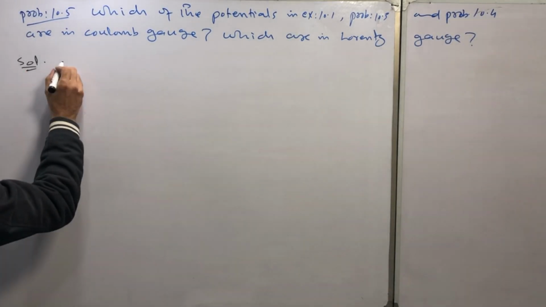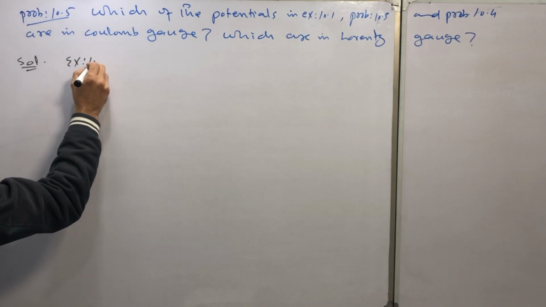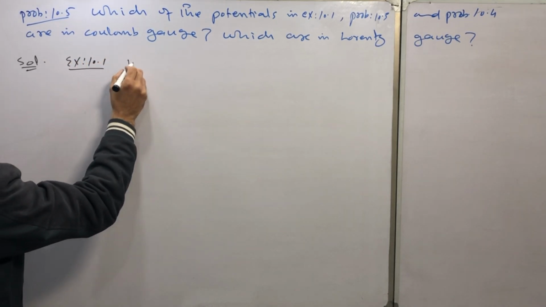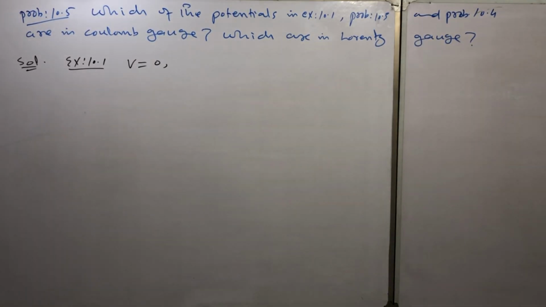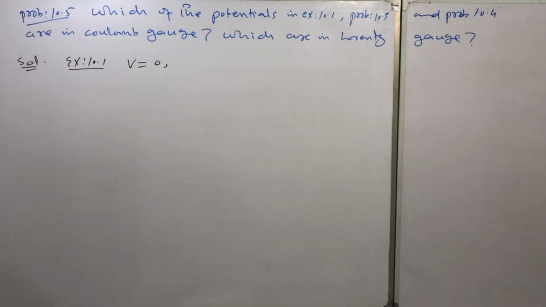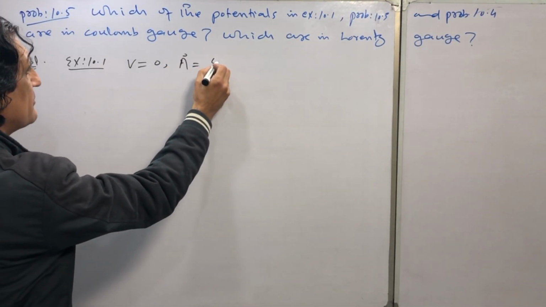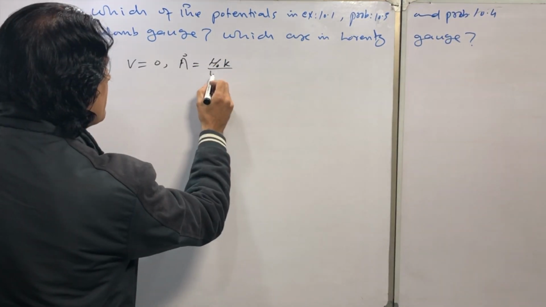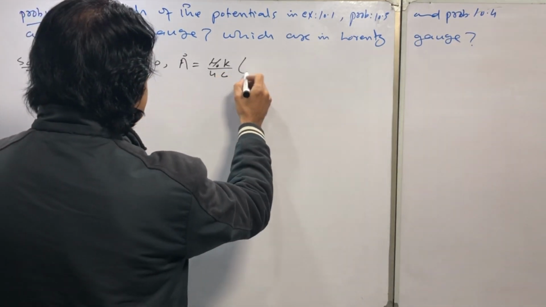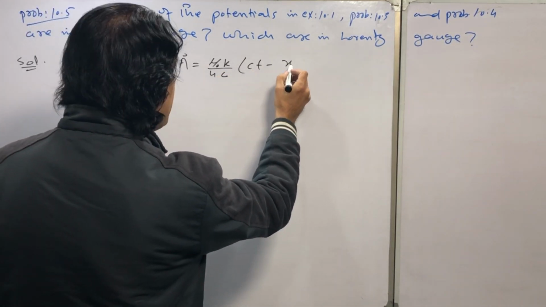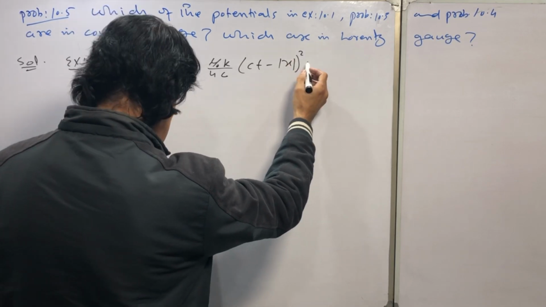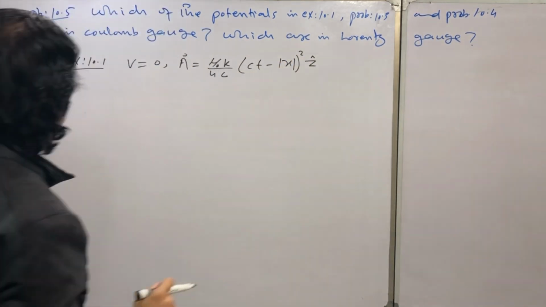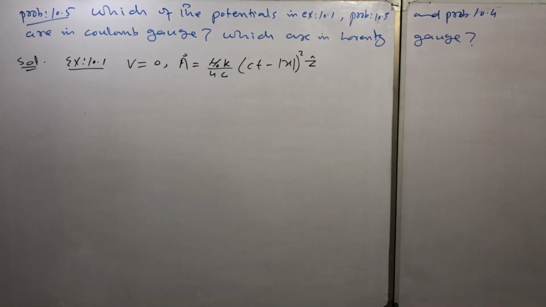Remember that in example 10.1 we have the scalar potential V equal to 0 and the vector potential A equal to mu naught K divided by 4c times (ct minus |x|) in the z direction. So we can take this from example 10.1.